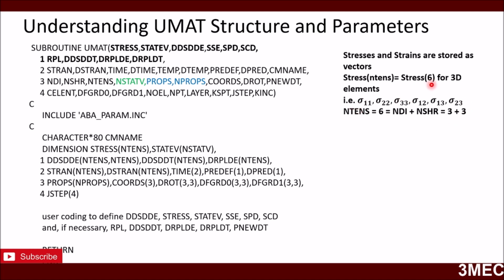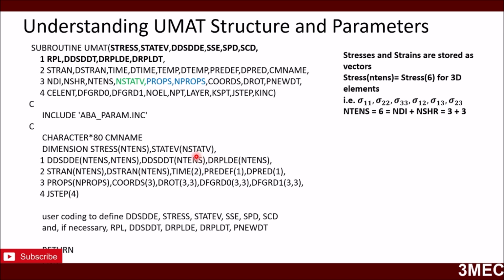So for a 3D case, you will have 6 for ntens, which is equal to the number of direct components plus the shear components. You have 3 direct components and 3 shear components, so that's why you have 6 here. Wherever you see ntens in this definition, for a 3D case it means 6 components.